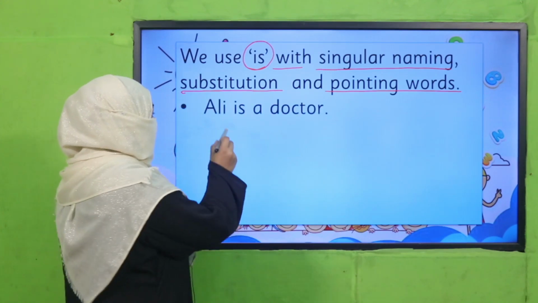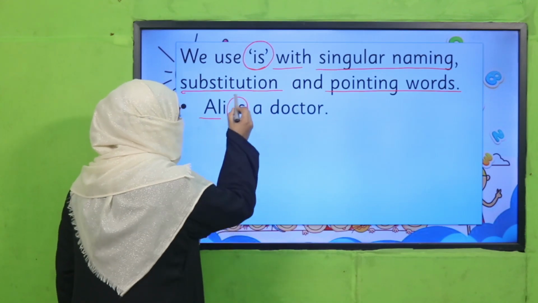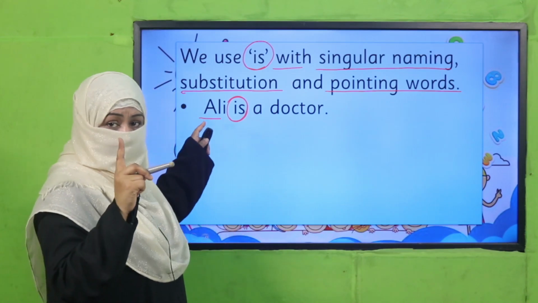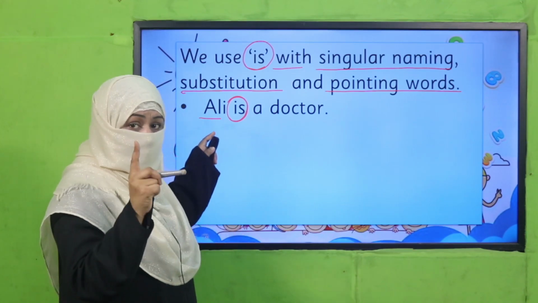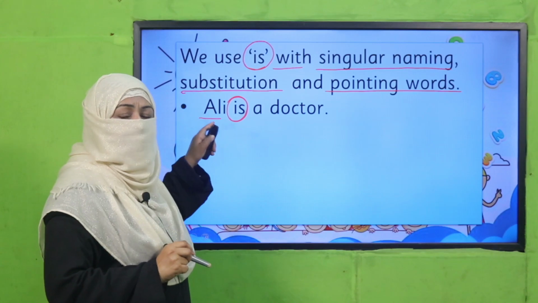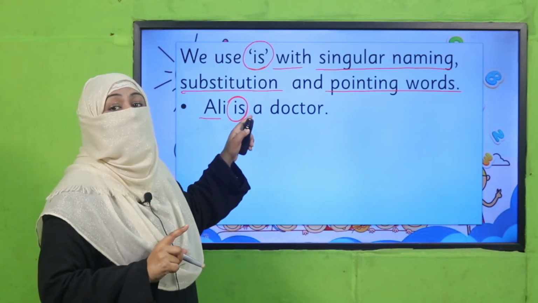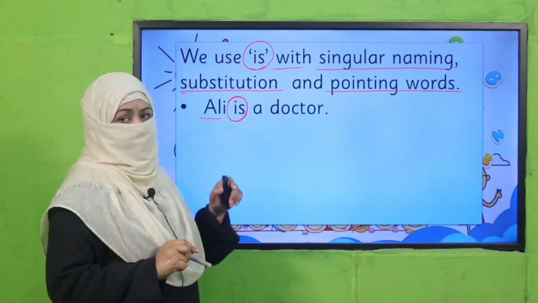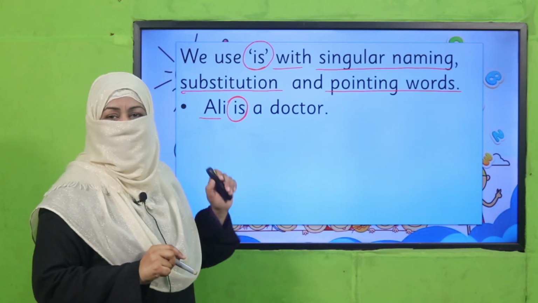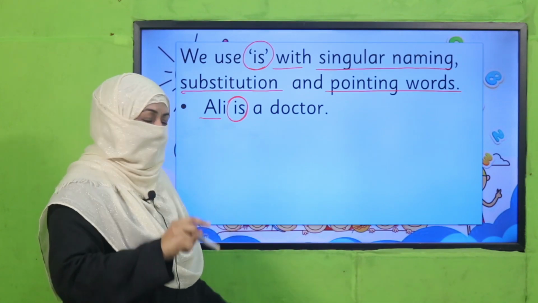How? Ali is a doctor. Ali is one, na? It's a singular naming word. So when you write or use a singular naming word, after that you will use is. You cannot say Ali are a doctor. Ali is a doctor because Ali is one.